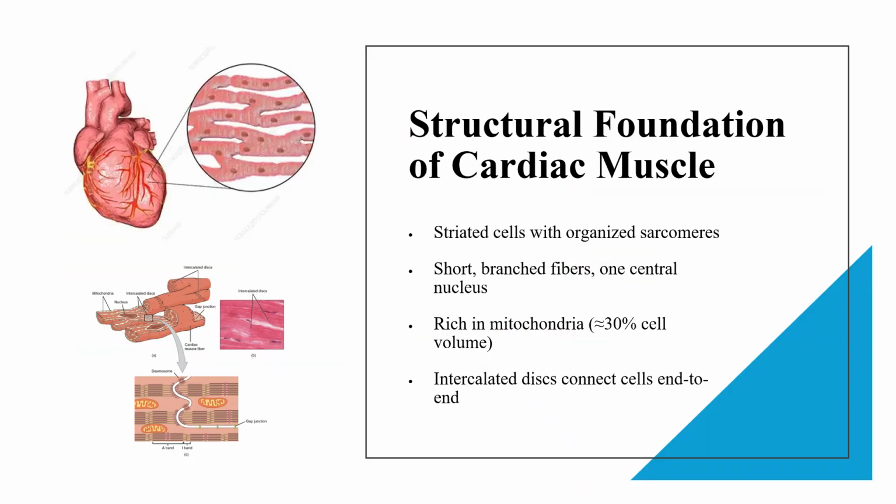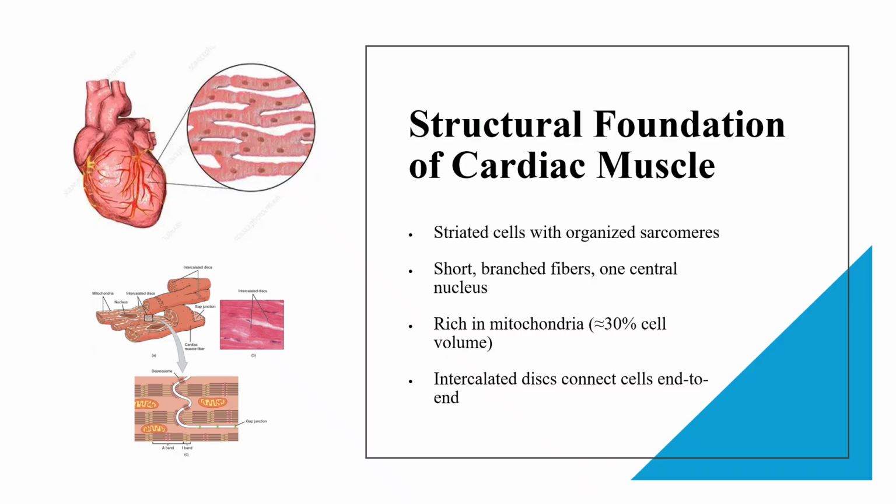Now let's look closely at what makes the cardiac muscle designed for this non-stop job. At the microscopic level, cardiac muscle cells are striated, meaning they contain organized actin and myosin filaments arranged into sarcomeres. That's just like skeletal muscle. This arrangement gives the heart the strength and precision it needs to contract powerfully and rhythmically.